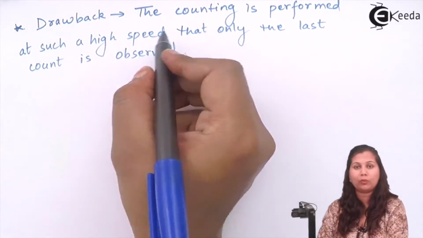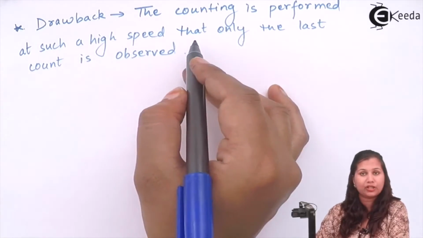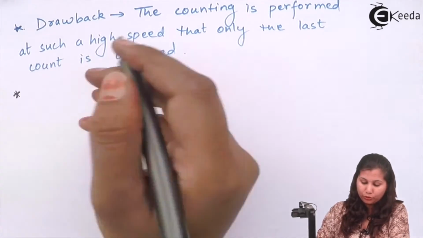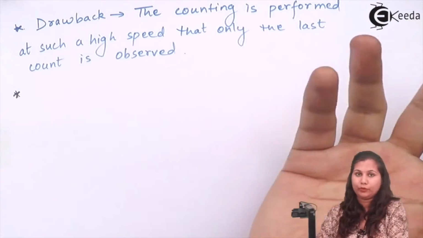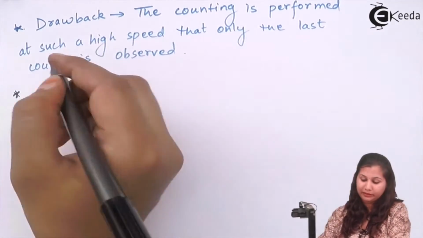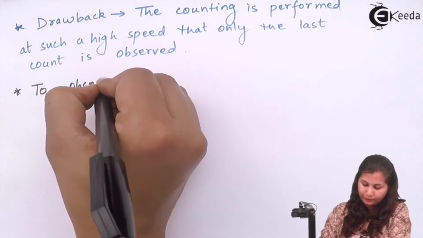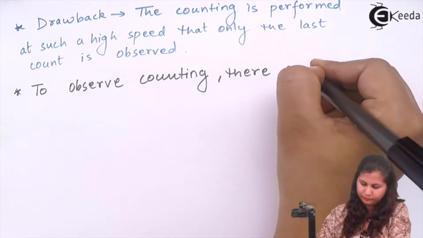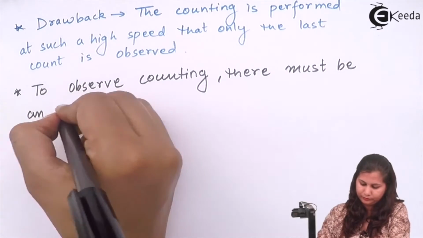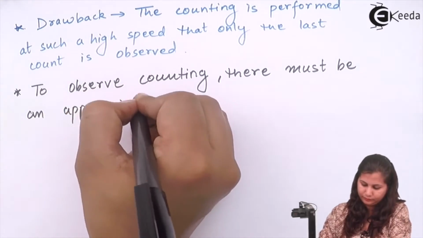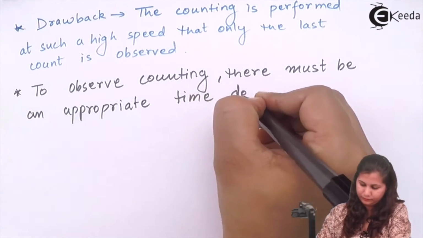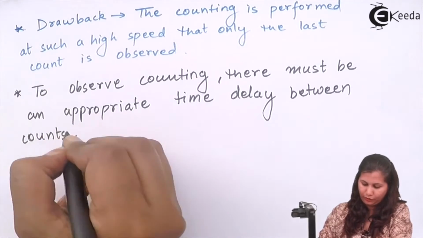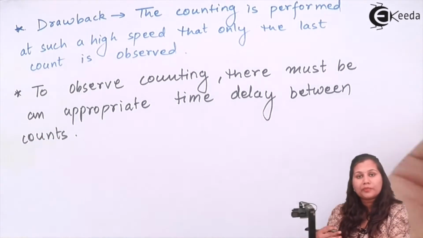So its drawback was that the counting is performed at such a high speed that only the last count is observed. So to observe the count, we have to use another technique or method.